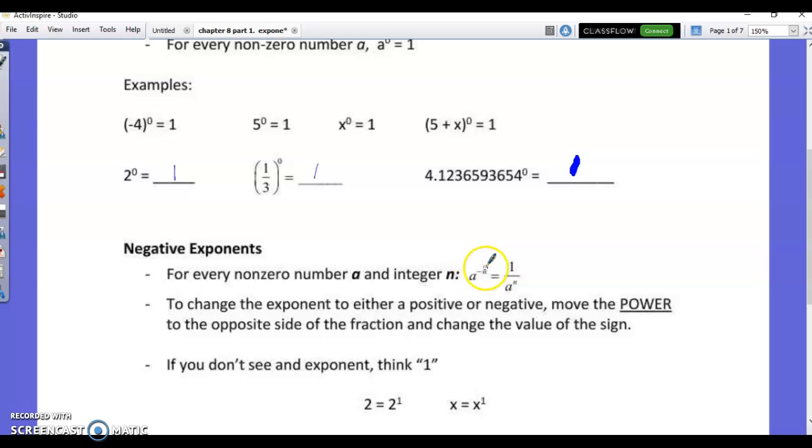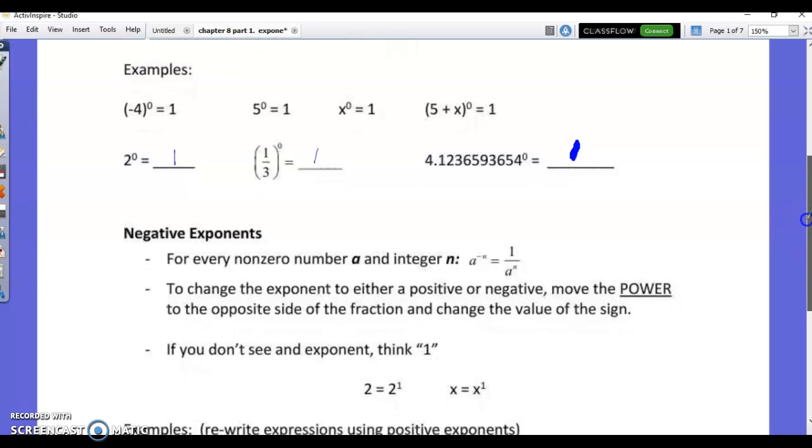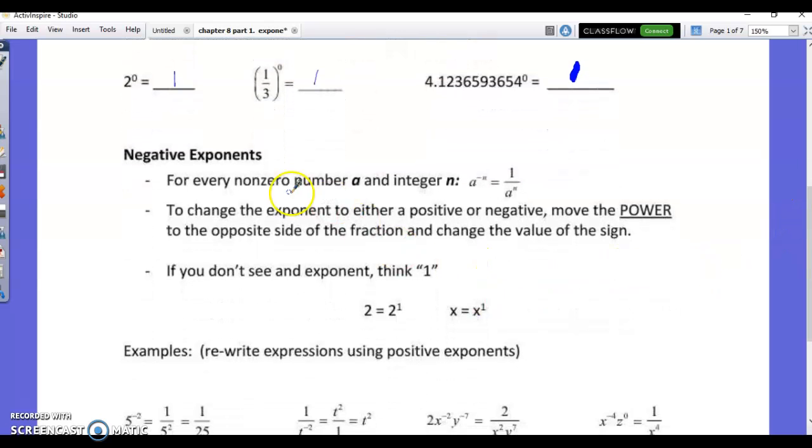So a to the negative n is the same as moving that to the bottom and making a positive n. It won't change the base, just the exponent from a positive to a negative. It says for every non-zero number a, meaning it's not 0, you can do that. To change the exponent to either a positive or negative number, move the power to the opposite side of the fraction and change the sign of the exponent.